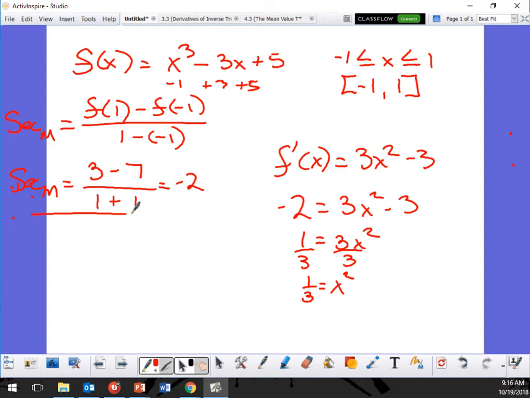So it's going to be x equals plus or minus the square root of 1/3. And if I rationalize that, I'm going to come up with x equals plus or minus rad 3/3. Rad 3/3. Now, is that inside that interval? Yes, it is. It is inside that interval.